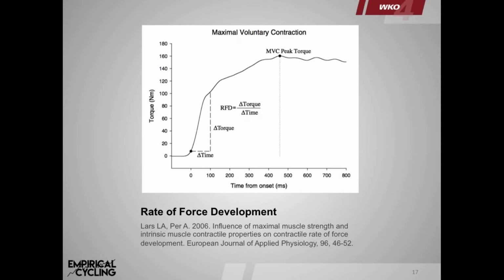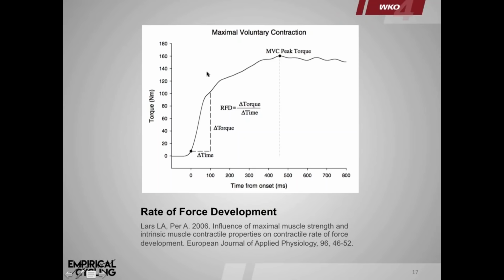There are two ways to train this curve: strength training, and power and speed training. Strength training will increase your maximal voluntary contractions for sure, but without doing any speed training, you're really never going to see any increase in your sprint ability.